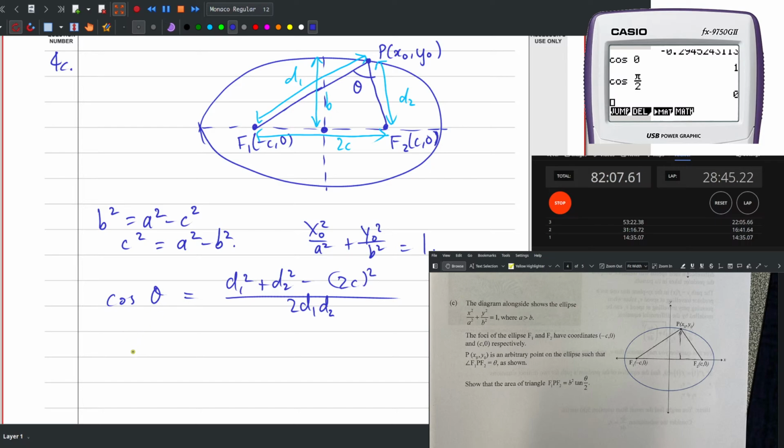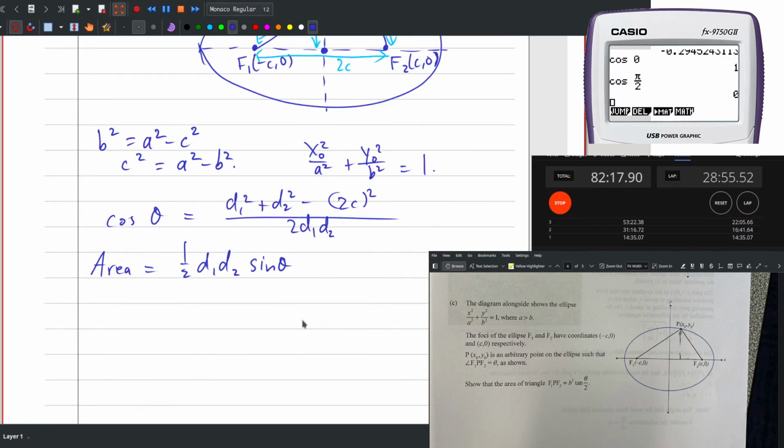Because later you get area equals half d1 d2 sine theta, right? I can sort of see, because that kind of cancels out, right?